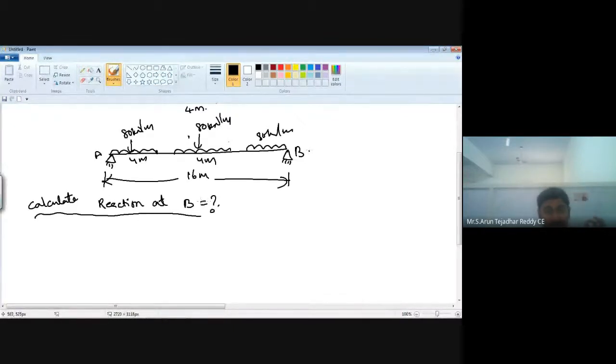Automatically at point B only. I will locate that 80 kilonewton per meter with the span 4 meter at that point B. Once observe that diagram.